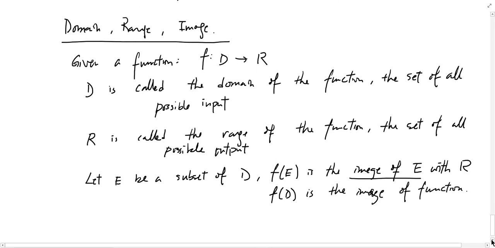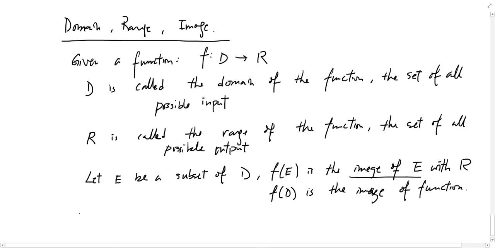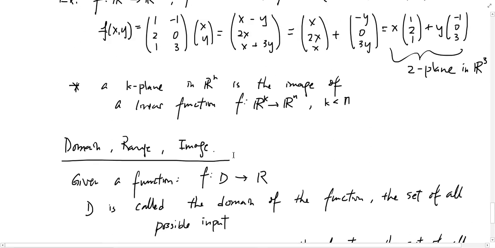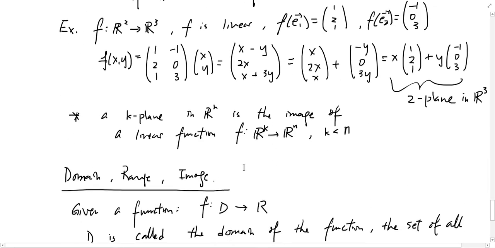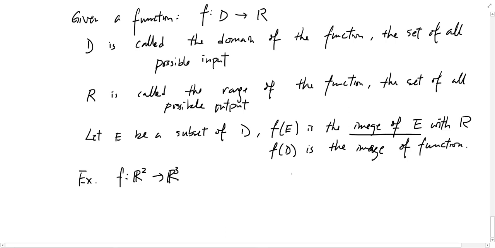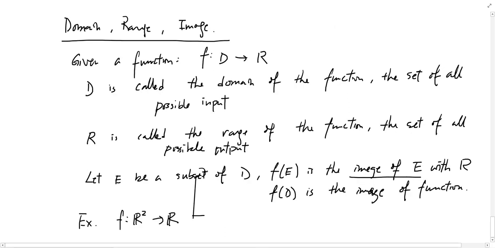I'll show you. In a previous example, we have f that maps from R2 to R3, which is this example right here. In this scenario, the input, which is the domain, would be any vector in R2.